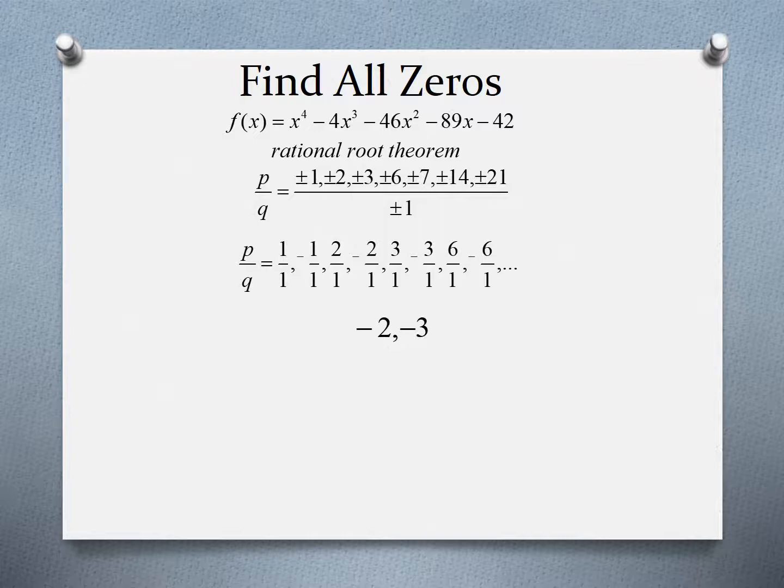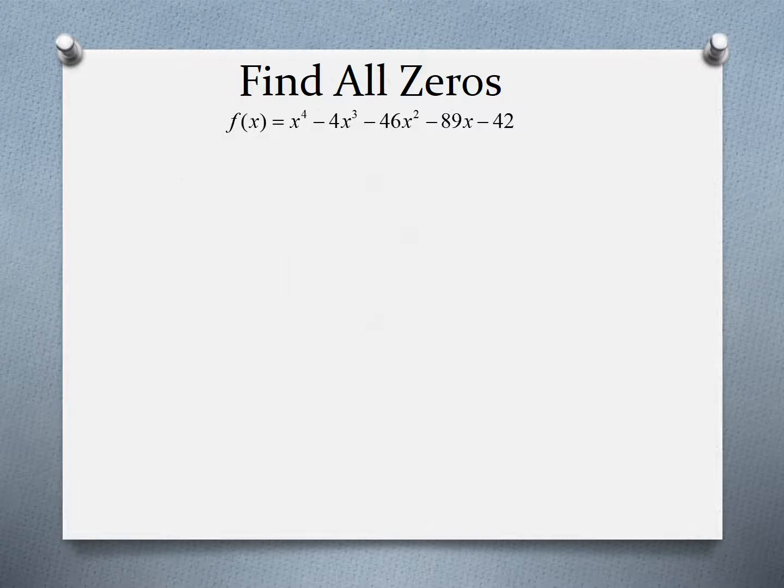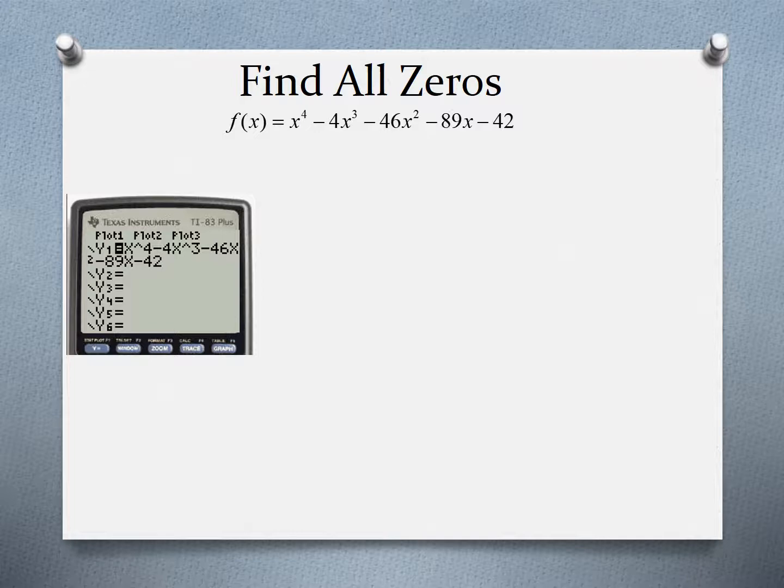And so I discovered if I substitute -2 into my original function, I'll end up with a 0. If I substitute -3 into my original function, I'll end up with a 0. So you can do that by synthetic division, or you can do that by using your calculator. So I used my calculator, I entered the function into my graphing calculator under y equals.